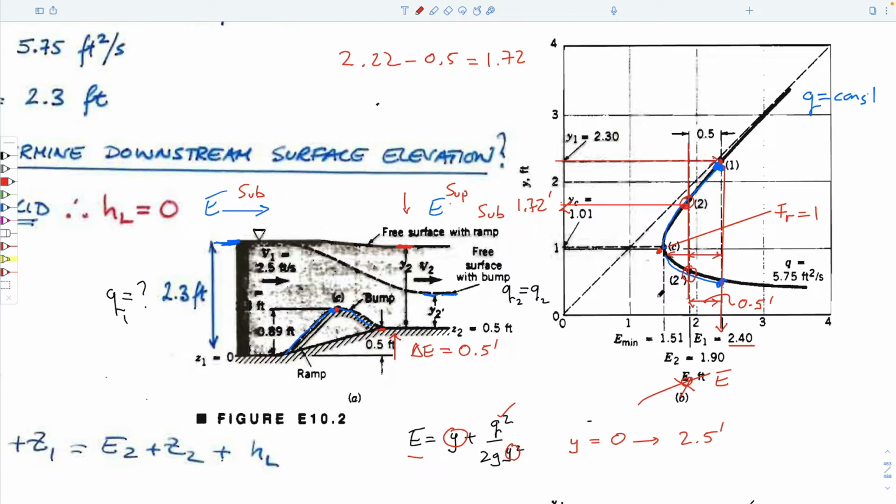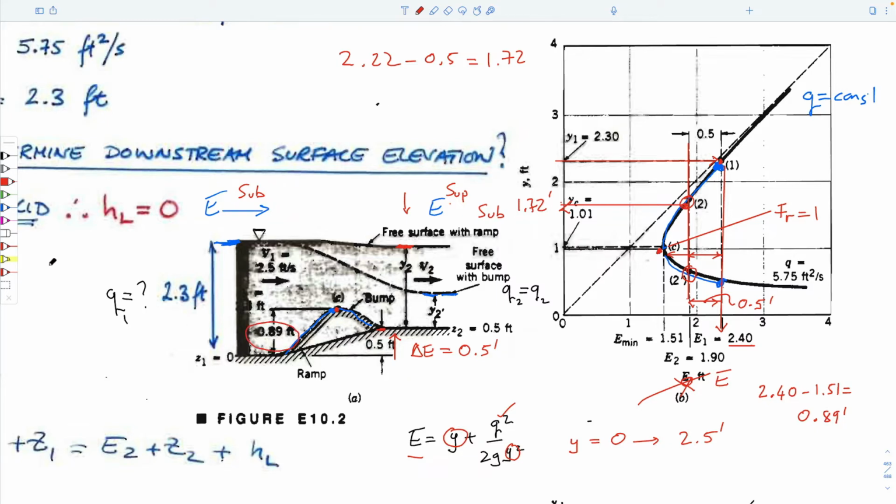So I guess just by looking at the ordinates here, this bump has to be 2.4 feet high minus 1.51, which is equal to 0.89 feet. So this bump here has to be exactly this 0.89 feet.